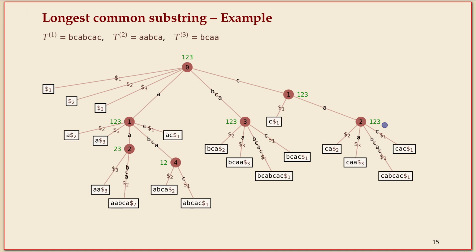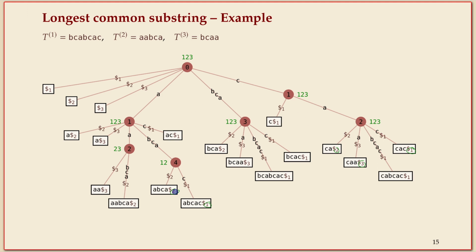The green numbers just mean there is some leaf below this node that has the appropriate dollar index. So the 1, 2, 3 here means I can find a 1 and a 2 and a 3 among my leaves. Whereas for this node, the 1, 2 means I only have a 1 and a 2. I don't find any $3 below me.